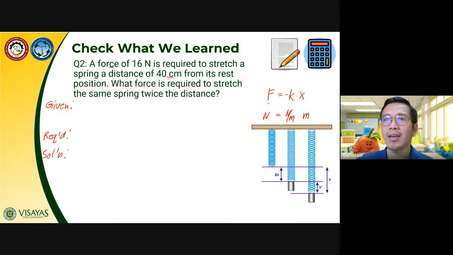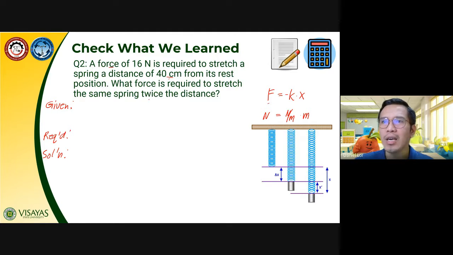So going back here, even though we do not follow the correct procedure of writing the given, the required, and the solution, just by analyzing the question, we can know that the force is directly proportional to the displacement x, or the distance of stretch.